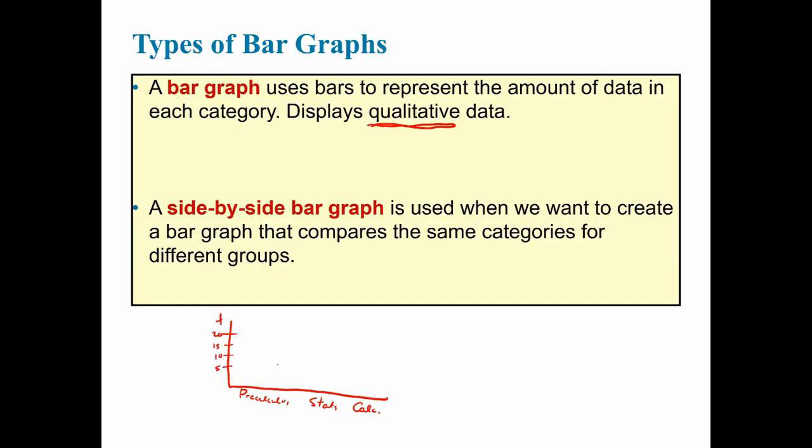And then what I would do is I would just go in. So let's say 15 males were in a pre-calculus class, and 20 females were in a pre-calculus class, for example. And then 5 females were in stats.